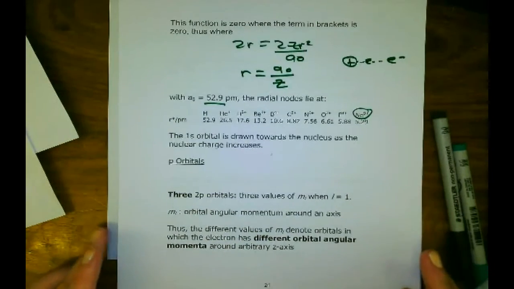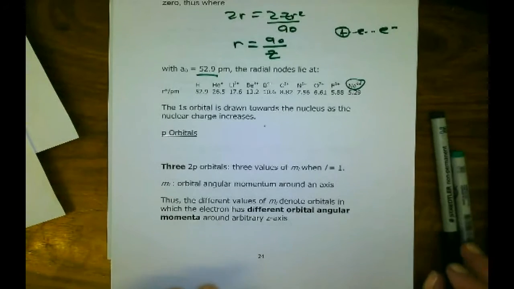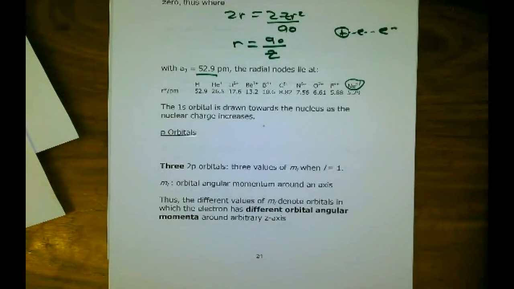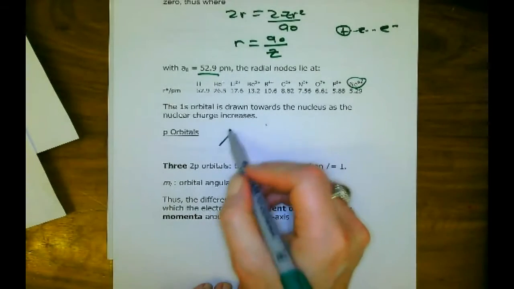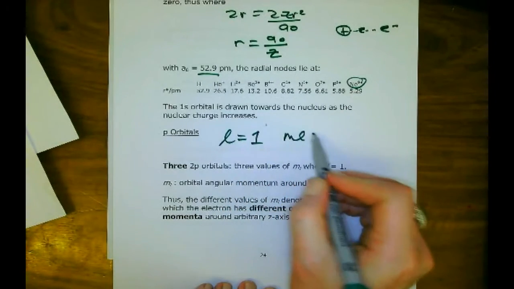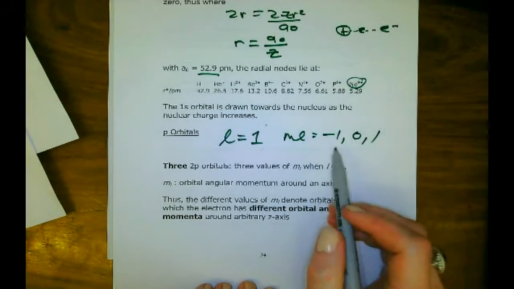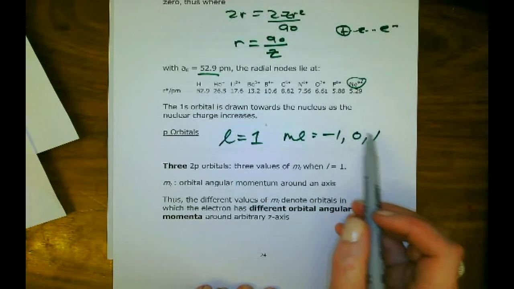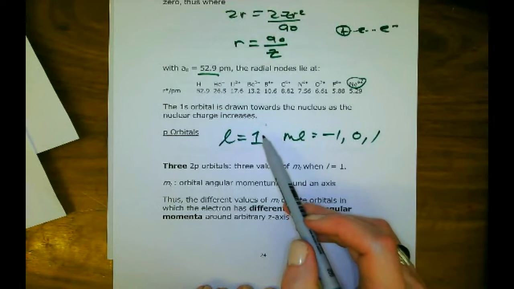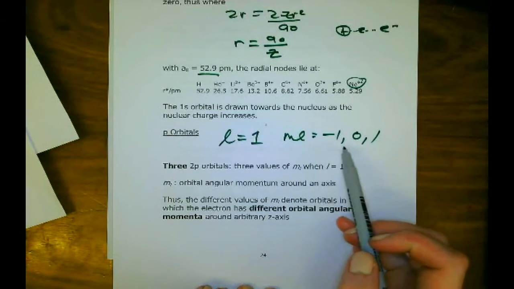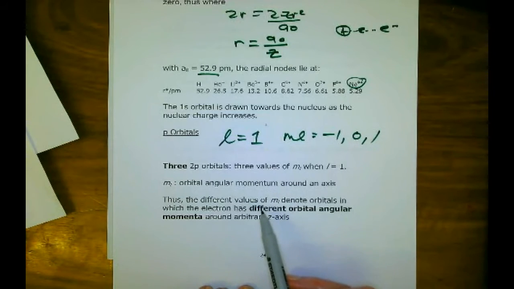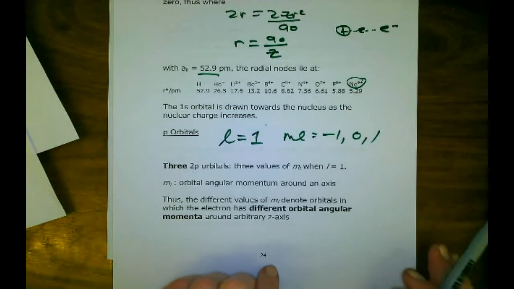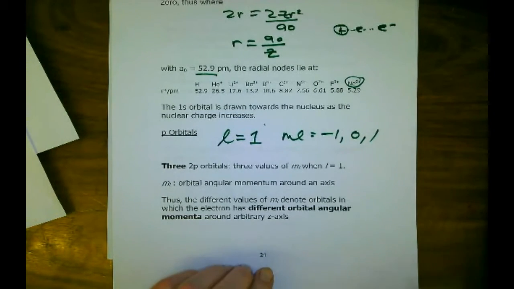Okay, now we go back to other orbitals and wave functions. We've talked about the s orbitals. Now we go to the p orbitals. Now for the p orbitals, l is equal to 1, ml is minus 1, 0, 1. Remember, ml is determined by l, the number of values for ml. So in this case there are 3 p orbitals, and they differ in the orbital angular momentum about a specific axis.